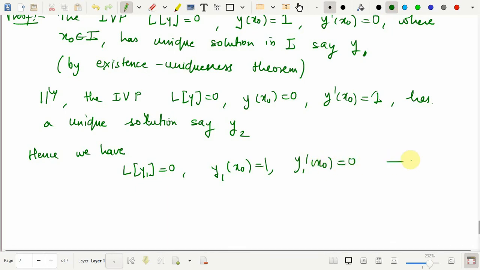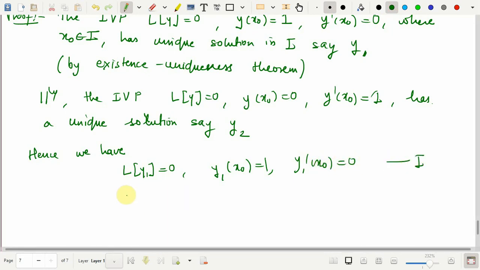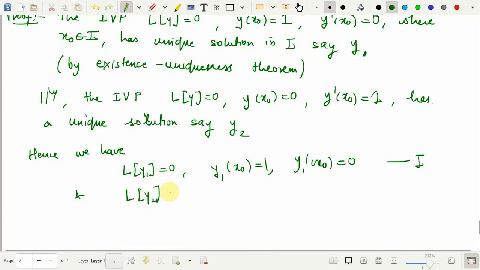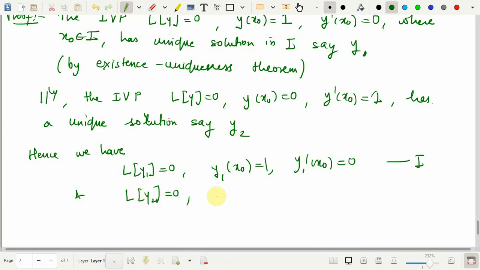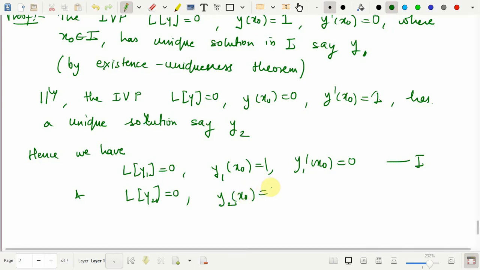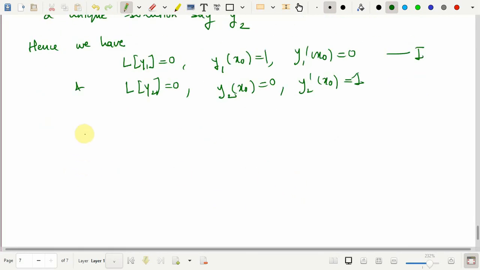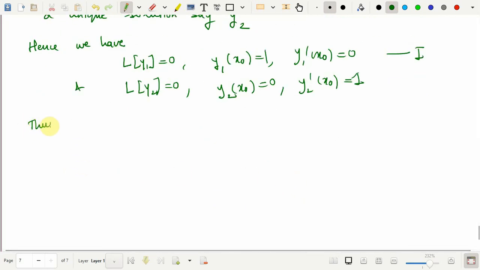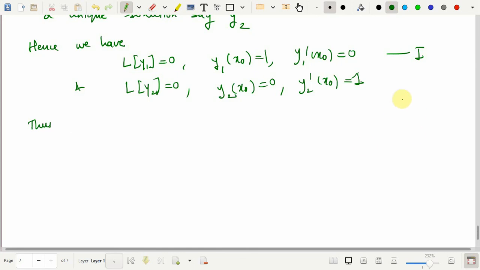I will call this 1. Similarly, L of y2 is equal to 0 with the condition that y2 of x naught is equal to 0 and y2 prime of x naught is equal to 1. I will call this 2.